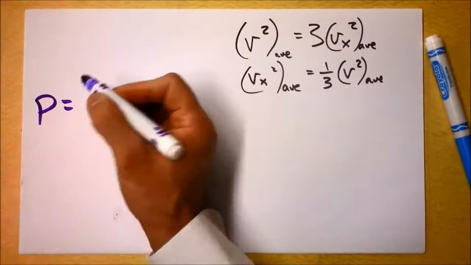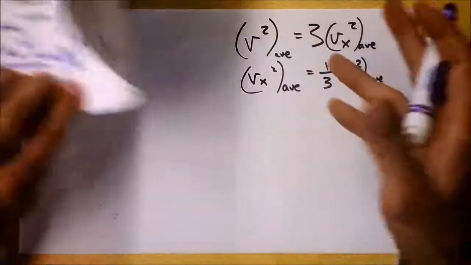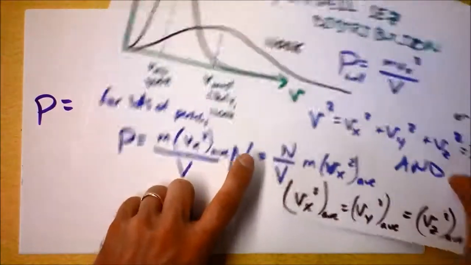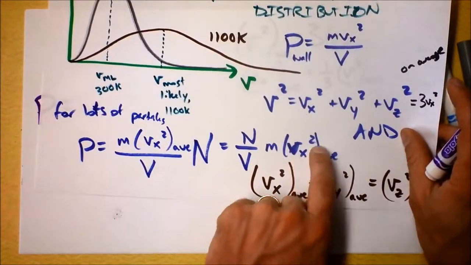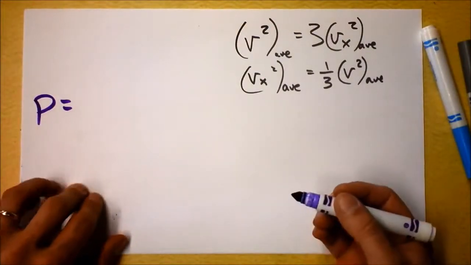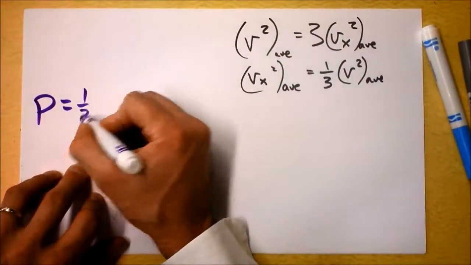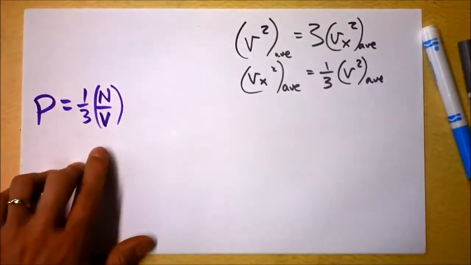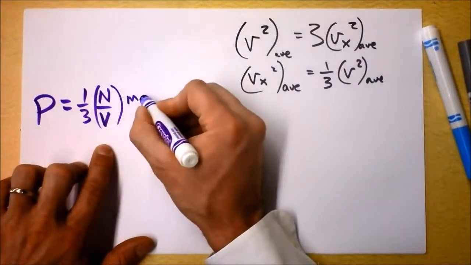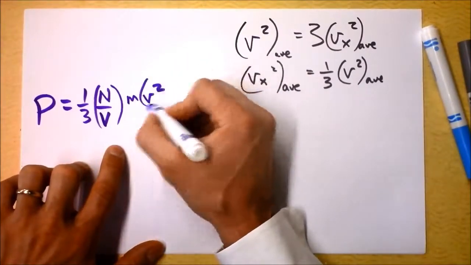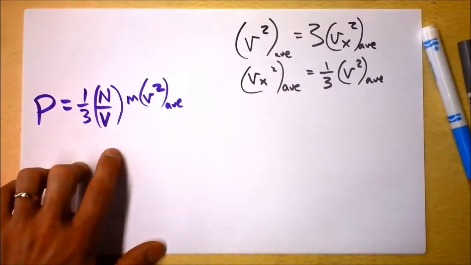Pressure. Now, we had this equation for pressure. Let me remind you what it said. It said pressure is N over V times mVx square average. And I'm going to say now that pressure is 1/3 N over V times mv square average.